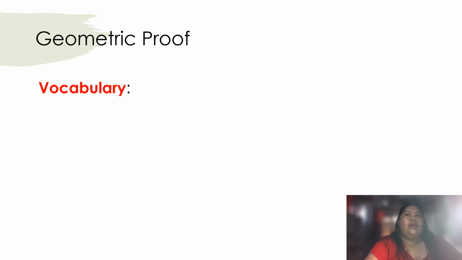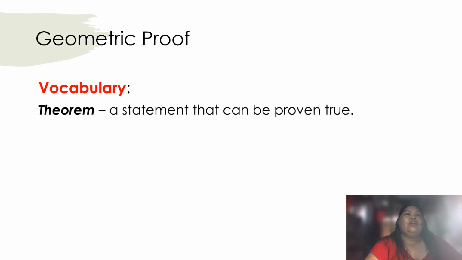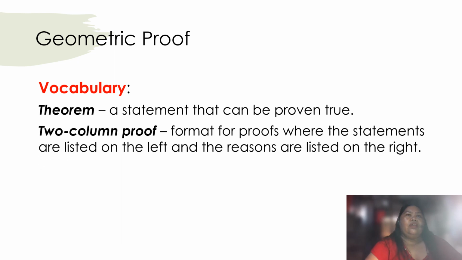Okay, so let's have this. We will discuss some vocabulary here. A theorem is a statement that can be proven true. So throughout our proving, we will use theorems. Okay. Two-column proof is a format for proofs where the statements are listed on the left and the reasons are listed on the right.